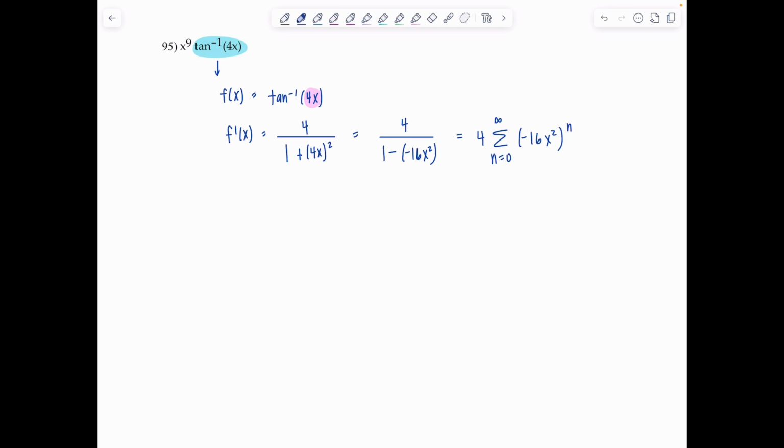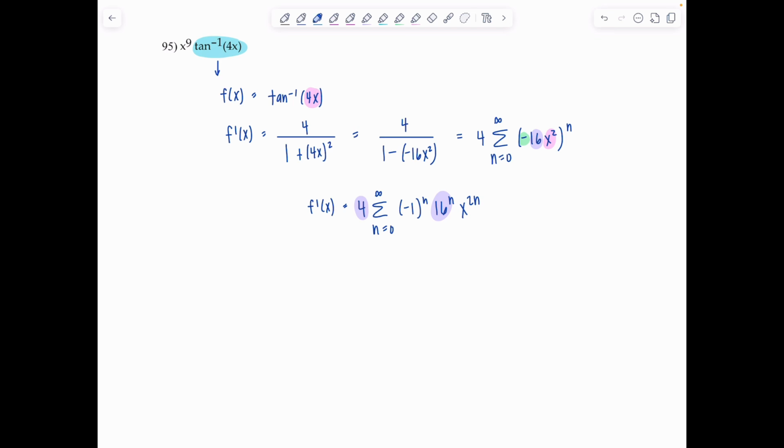Okay, so I've got a power series representation for f prime of x. Let's clean it up though, it's kind of an ugly one. So f prime of x is 4 times the sum, n equals 0 to infinity. I can break this into 3 basic parts: the negative, the 16, and then the x squared. So I'm going to write this as negative 1 to the n, 16 to the n, and then x to the 2n. And I do want to bring this 4 inside with the 16.